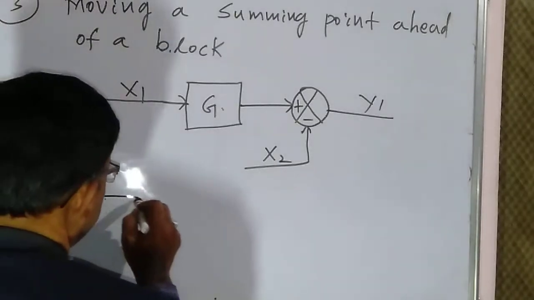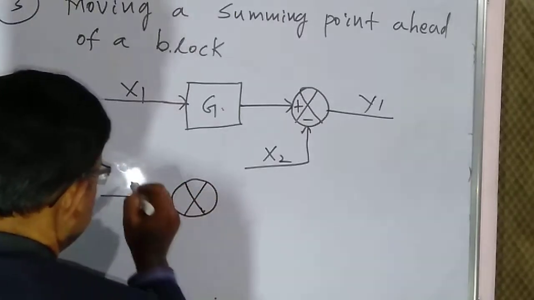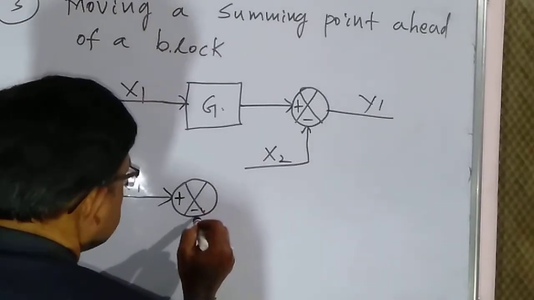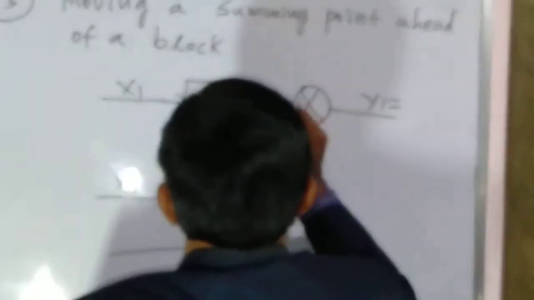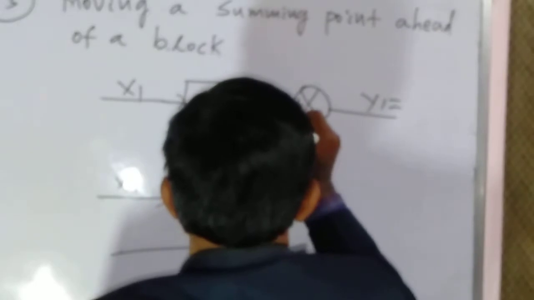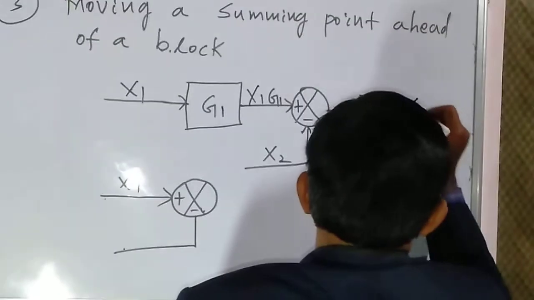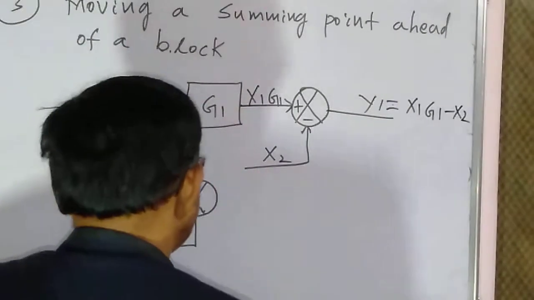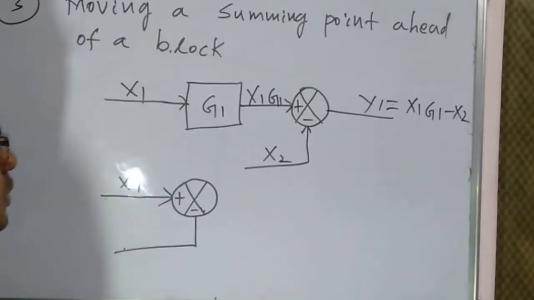So now we move this summing point to this side, that is here x1 will be plus, this will be minus. So here we will get output x1 g1 minus x2. If we move this summing point to this side, the output must be the same, or the transfer function must be the same, otherwise the rule is not valid.